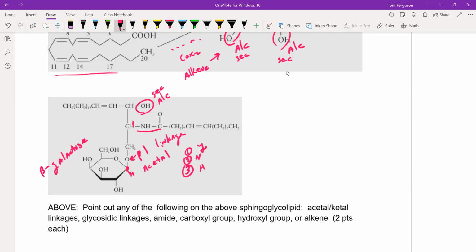We have this amide thing again here that keeps coming up in biological molecules. Carboxyl group would be this guy. Okay.